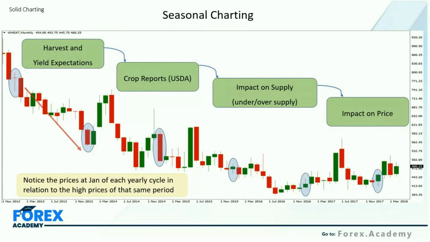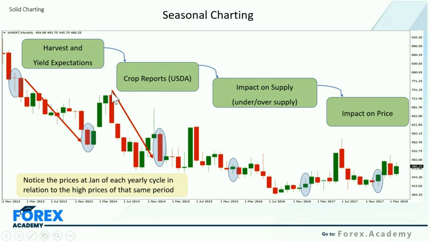So what I want to draw your attention to is the high of this yearly cycle, and that the following January is actually at a lower price than the high of that annual cycle. And you'll see this pattern in this particular market repeat itself many times.